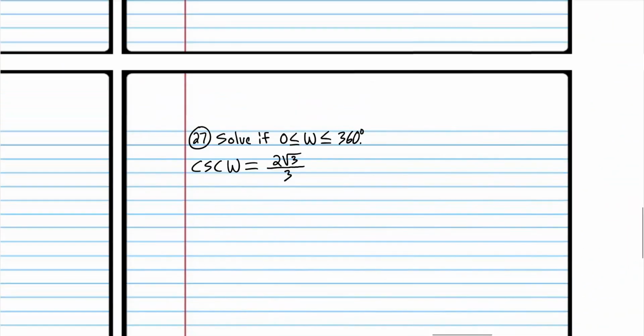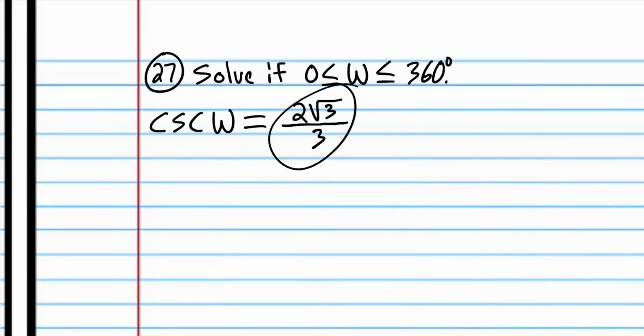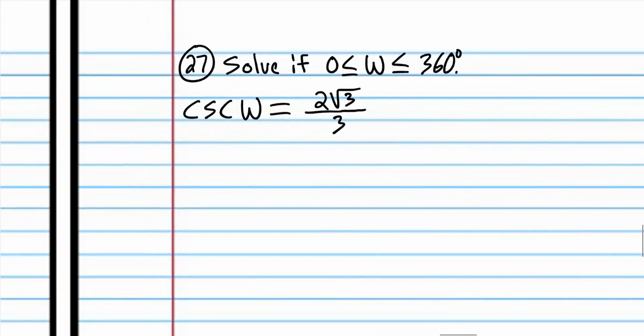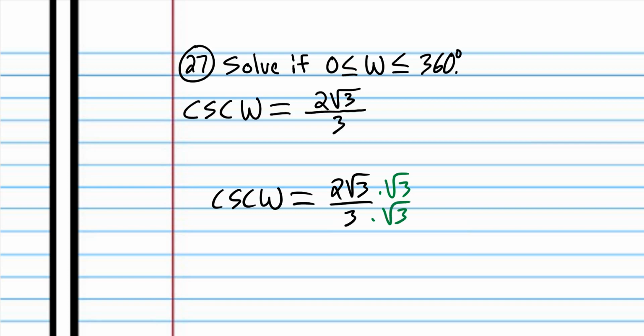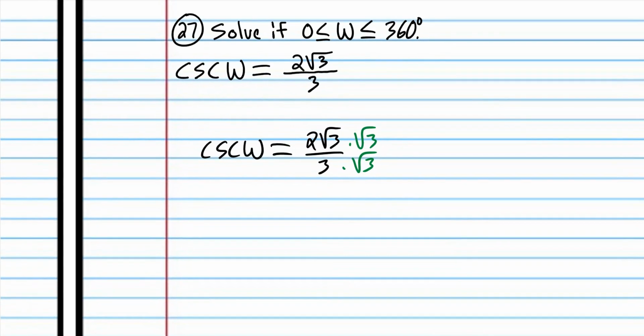Okay, so let's try one more of these. Again, this is not a ratio that we really recognize, but we're supposed to solve this problem without a calculator. So let's multiply both sides of the equation by root 3. And we get 2 root 9 over 3 root 3.